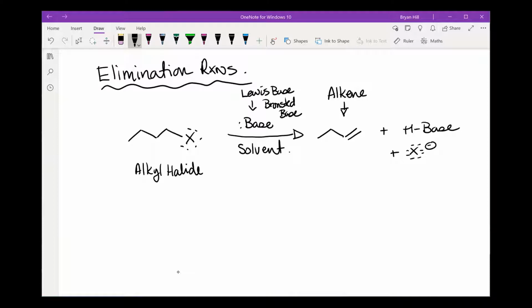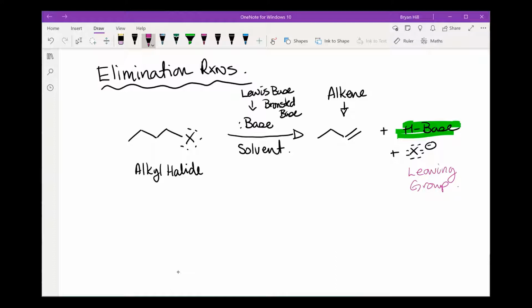So it's the conjugate acid of this, it's protonated. And you still have your leaving group, which has departed with the electron. So the basic components are all the same.